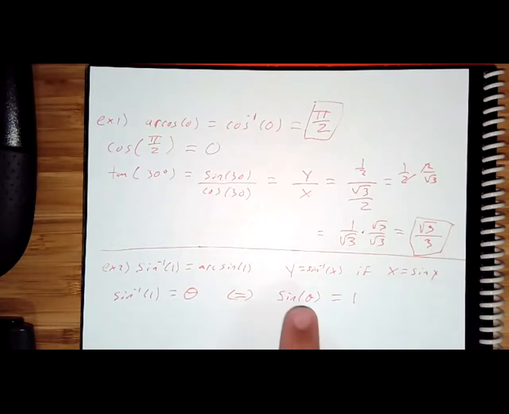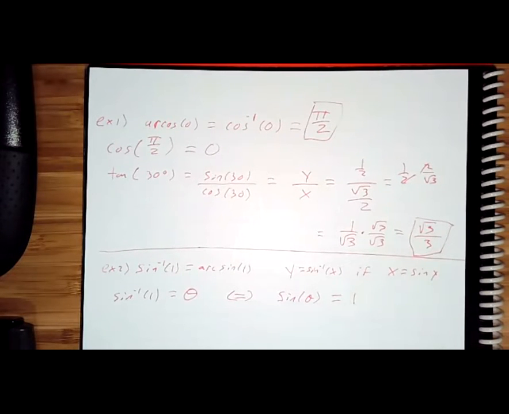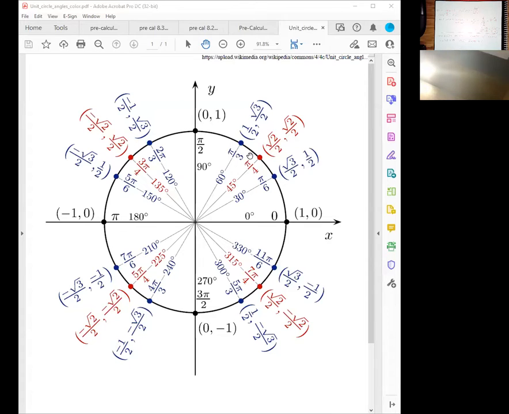I feel like this might be more clear once you change it. What angle will make sine 1 on your circle? It has to be pi over 2. If we look at our circle, sine of pi over 2 gives me a 1 for the y value.